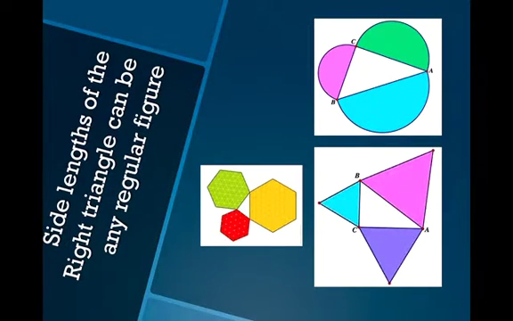The Pythagorean theorem does not have to have squares off of the legs. In all reality, as long as it's a regular figure or a semicircle, the theory works.